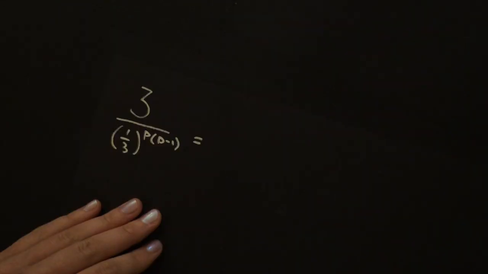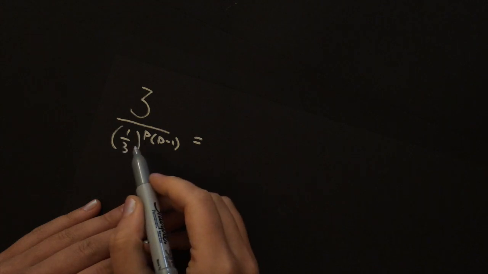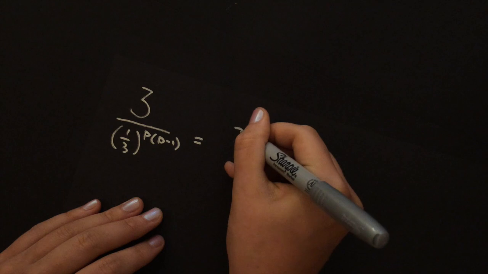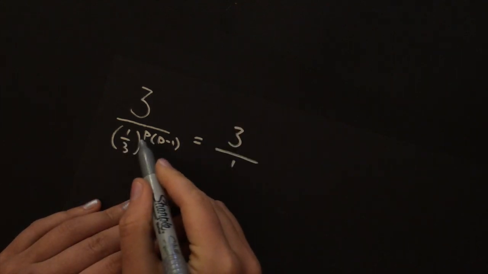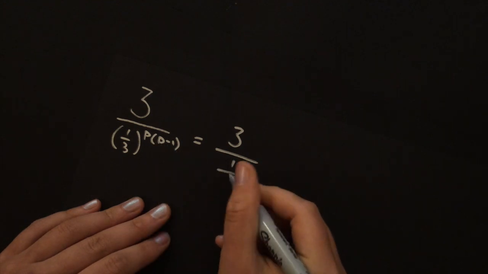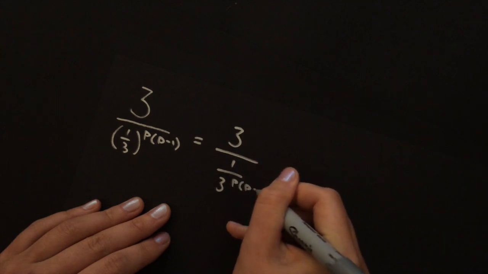First thing that I don't like is the fraction and the fraction. The fact there's a power here and a 1 on the top. So what I'm going to do, we'll keep the 3 on the top over 1, because 1 to the power of anything, even p to the d minus 1, is still 1, over 3, and then we've got our 3 to the power of p to the power of d.